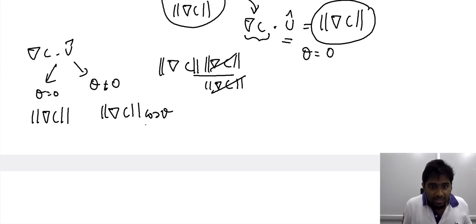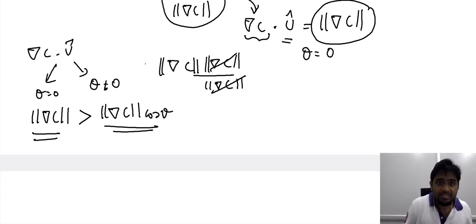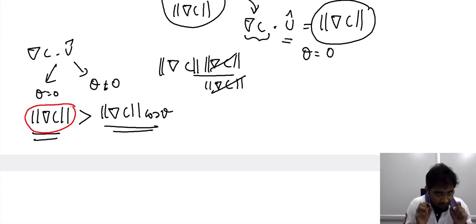Now, given the values of theta we know, this term here will always be less than this term here. So what we mean is the dot product will assume its greatest value, the maximum value, when the unit vector is along the direction of the gradient of concentration. So the maximum value is when the unit vector is along the direction of the gradient vector.